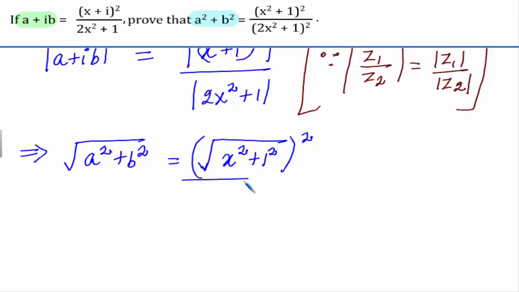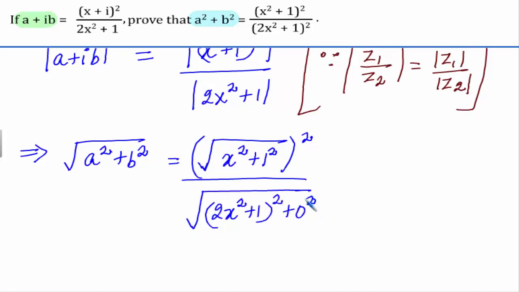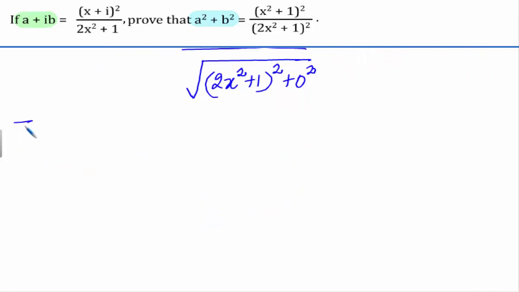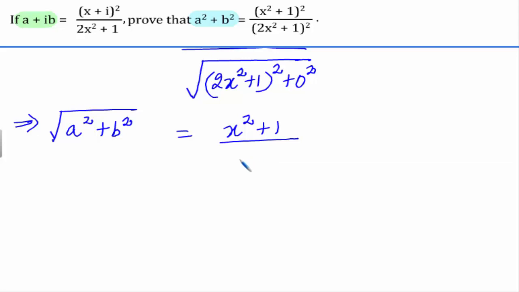And in the denominator we have root over (2x square plus 1) whole square plus 0 square. This implies root over a square plus b square is equal to (x square plus 1) divided by (2x square plus 1).